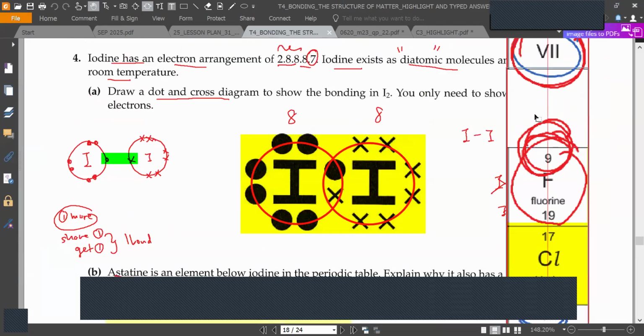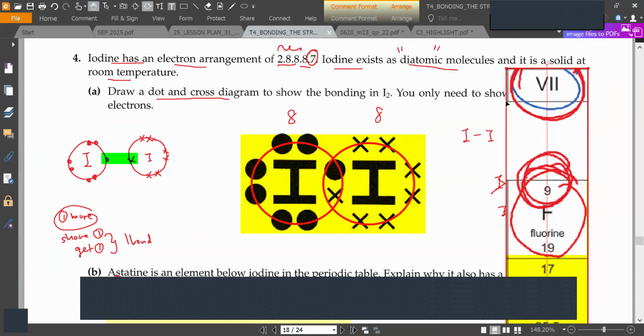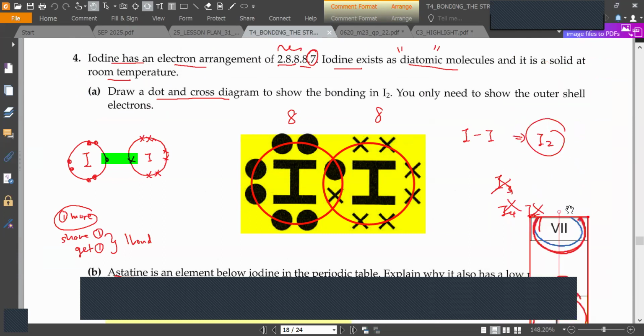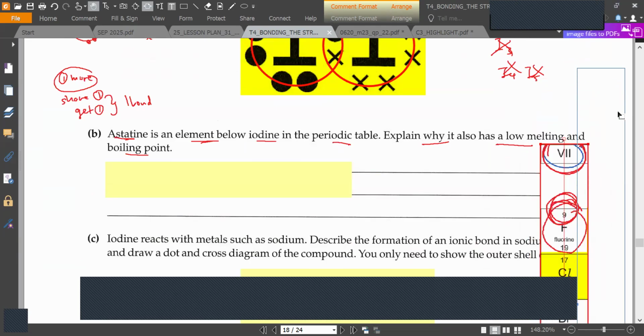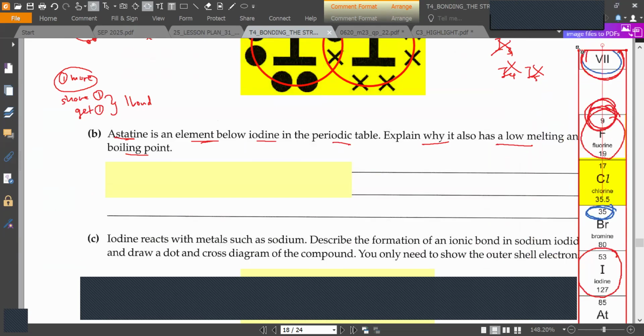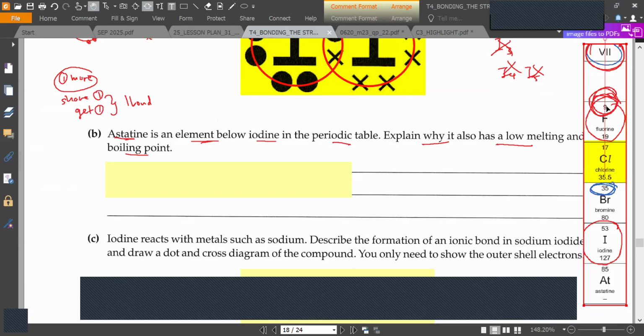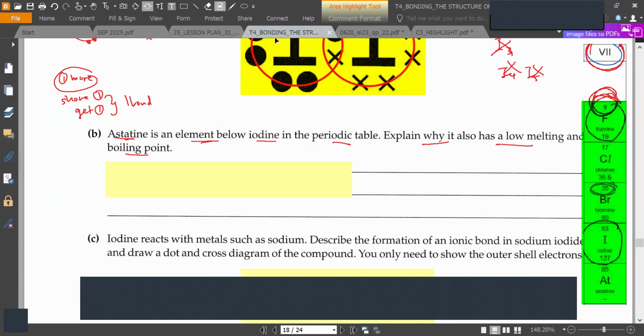These are all the group 7 elements: fluorine, chlorine, bromine, iodine, and astatine.